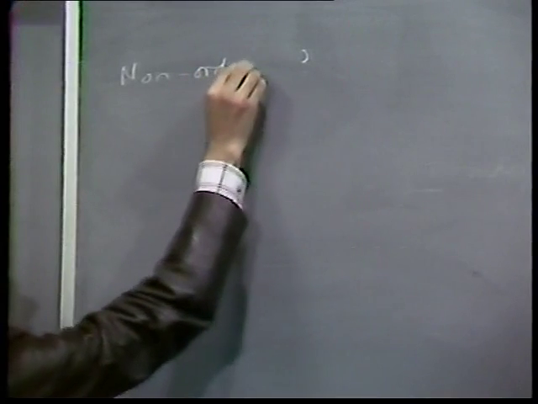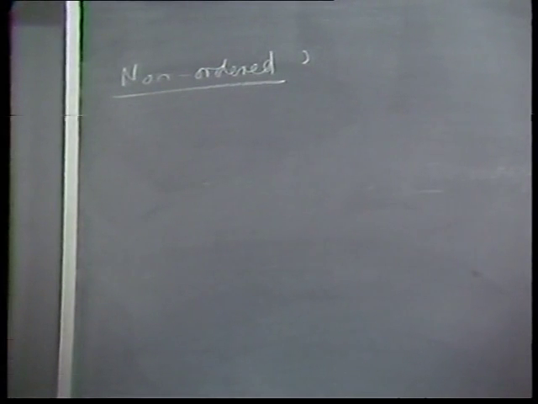What can we do in the situation that the hypotheses are in fact not uniquely ordered?